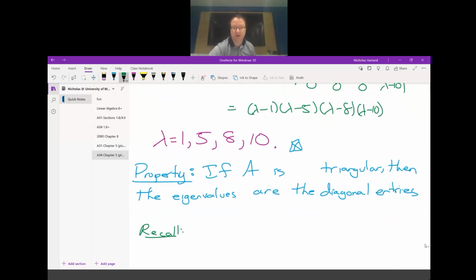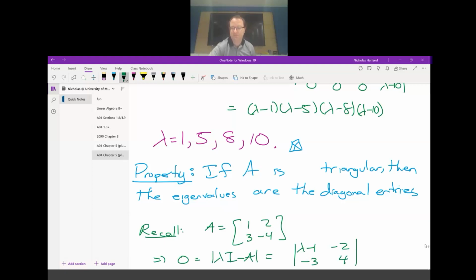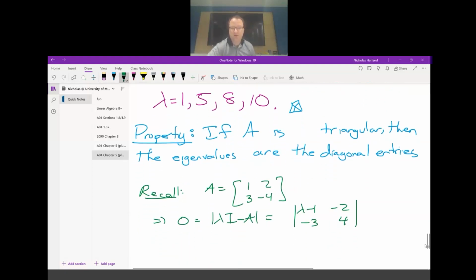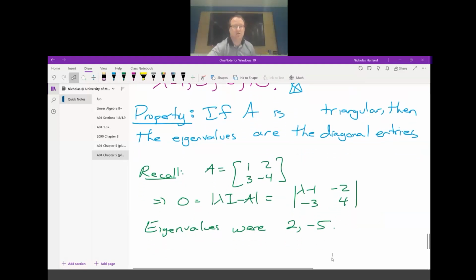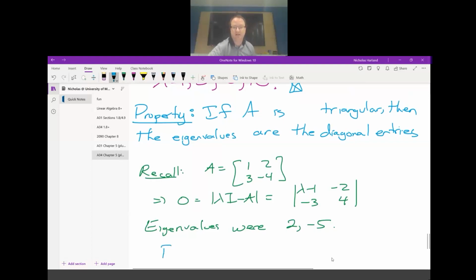Let's recall for A equals 1, 2, 3, negative 4, we got 0 equal to the determinant of lambda I minus A, which was lambda minus 1, negative 2, negative 3, and lambda plus 4. Our eigenvalues were 2 and negative 5. So find the eigenvectors.